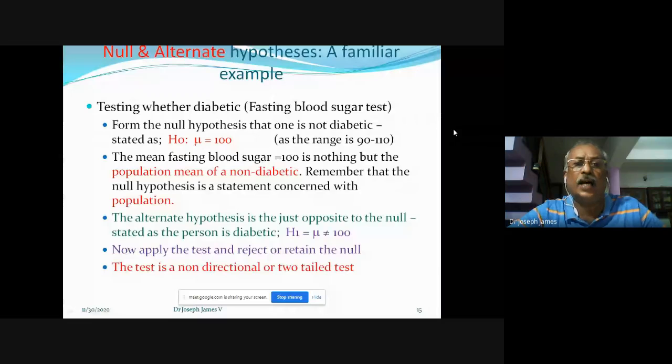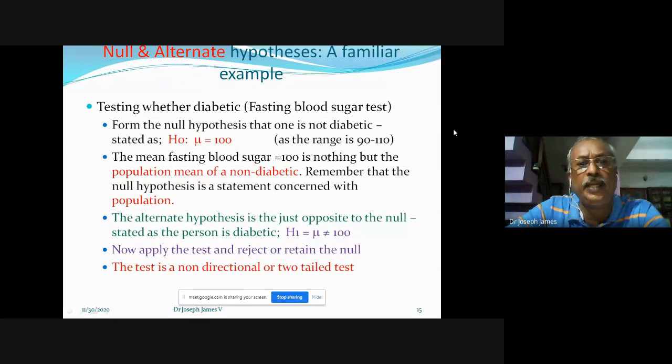This is stated as H0: mu is equal to 100. Here mu is the notation for mean blood sugar, 100 milligram per deciliter.